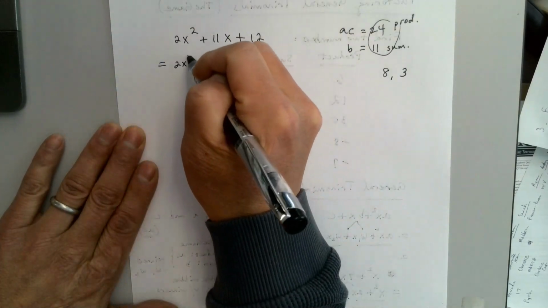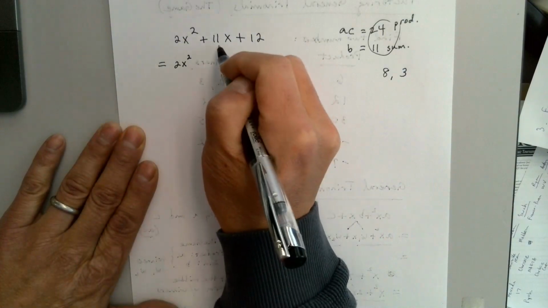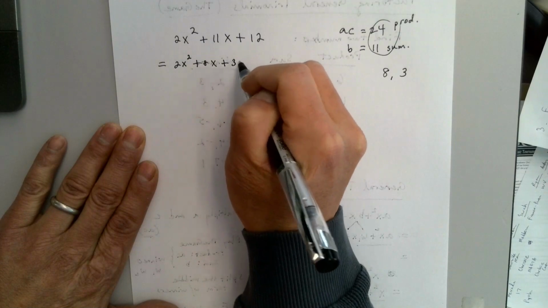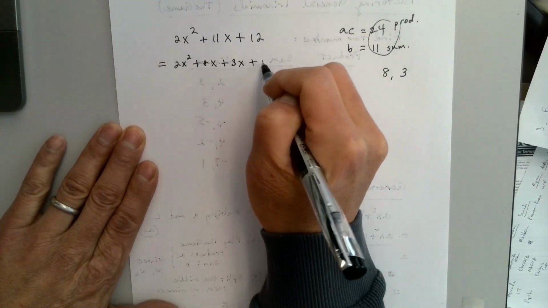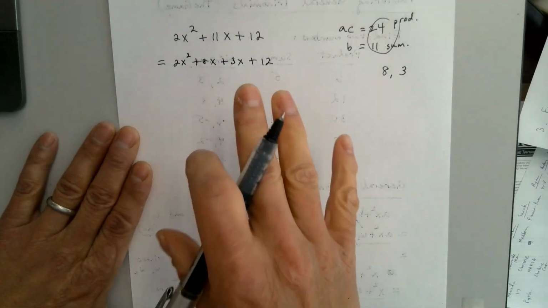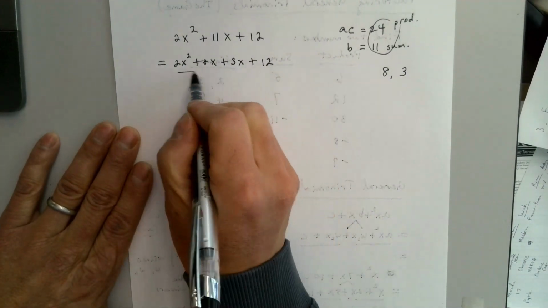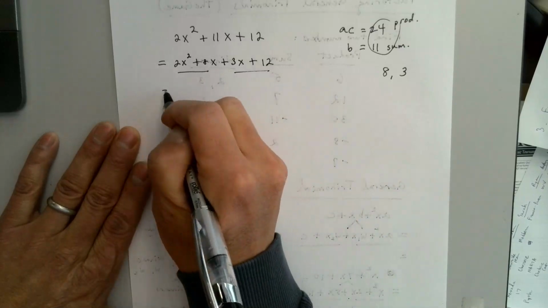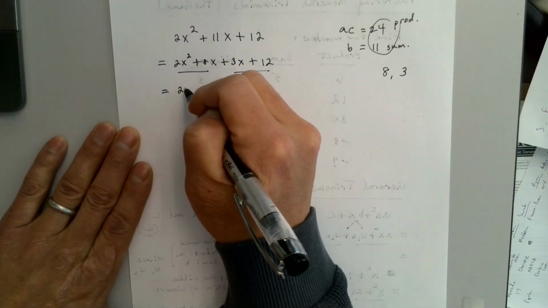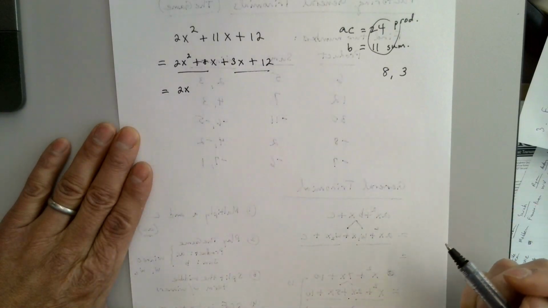So now I will split the middle term with my two winners. I copy down the 2x squared. I split 11x into 8x and 3x, and I bring down the 12. Okay, I have 4 terms now, so now it's time to find GCF. GCF here, GCF here. 2x is the GCF here.